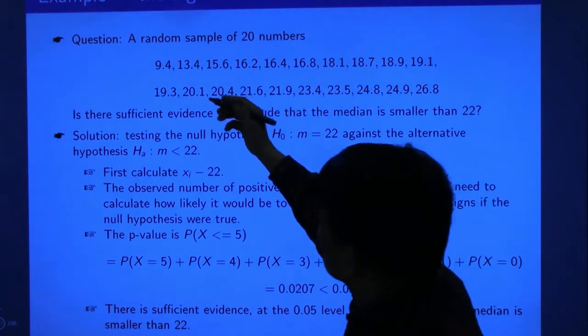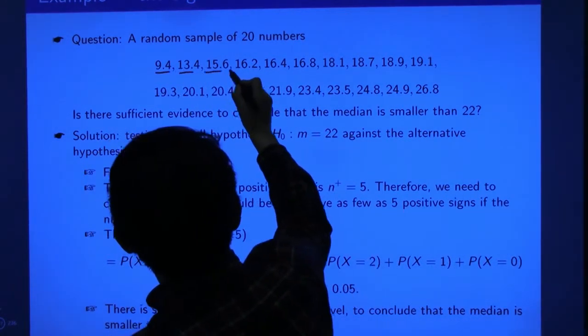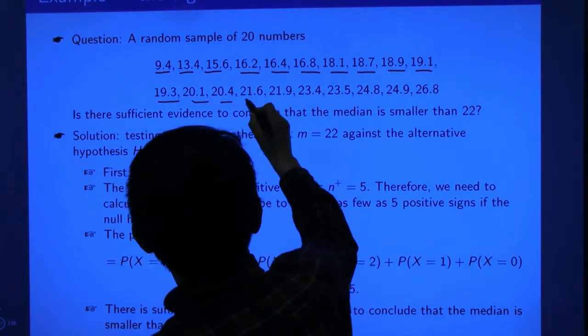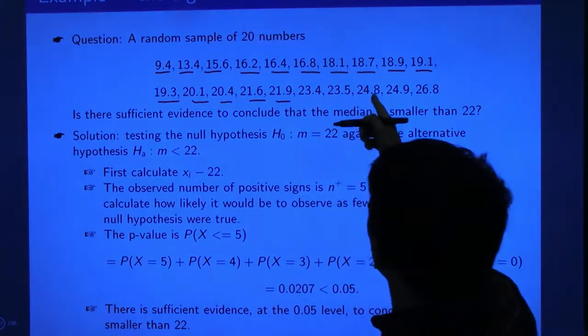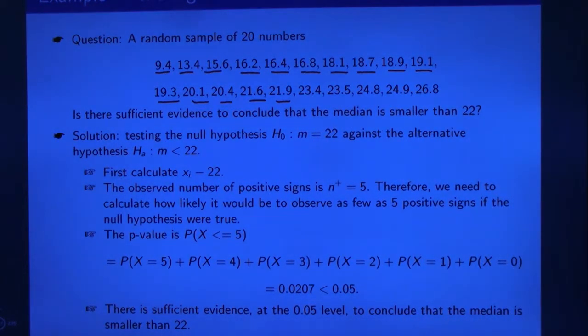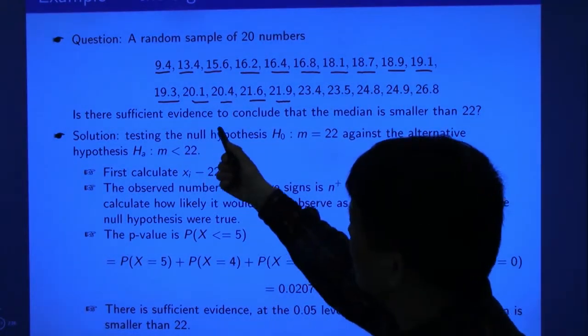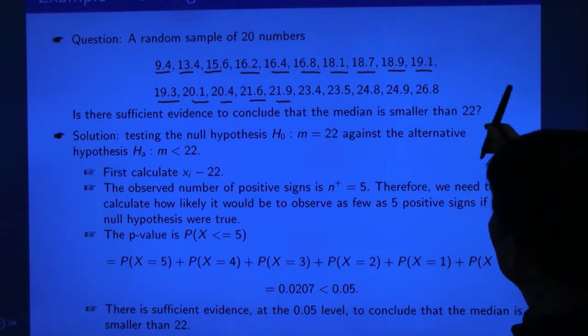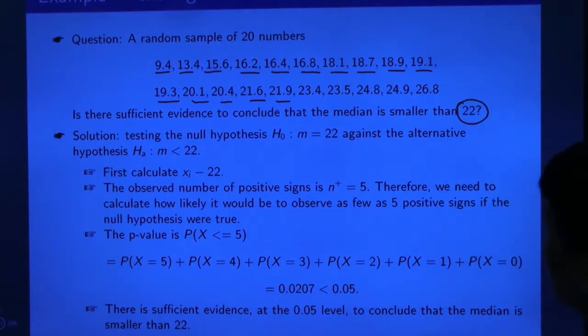So, counting them, 1, 2, 3, up to 20. We have 20 numbers. We want to know, is there sufficient evidence to conclude that the median is smaller than 22?